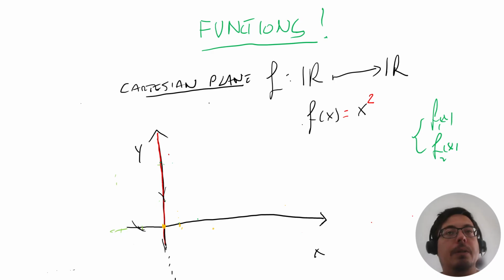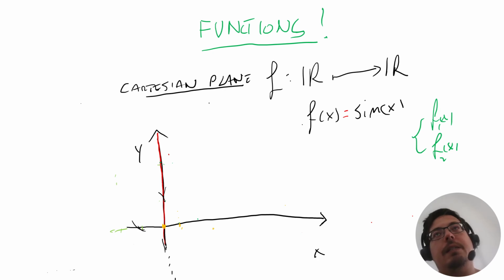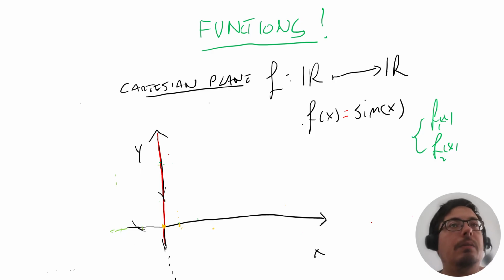But suppose we write this function as sinus of x. You remember the sinus? We have a video on the sinus, maybe a couple of them. It is a function which has a particular shape, which is something like this.